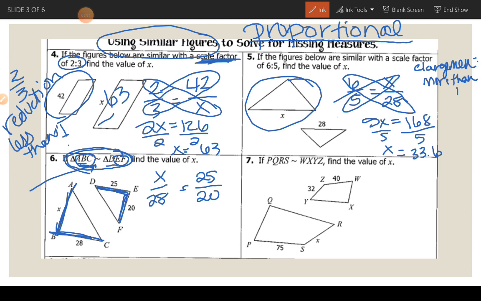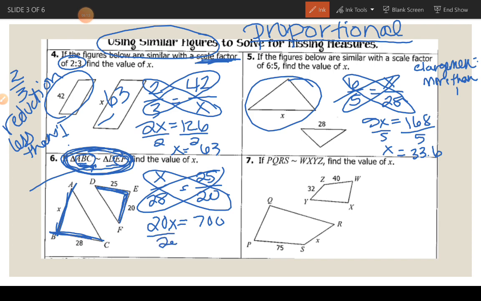Again, you're using that similarity statement to help you set up the correct proportions. And then you just cross multiply. So you get 20x is equal to 700, divided by 20. x is equal to 35.